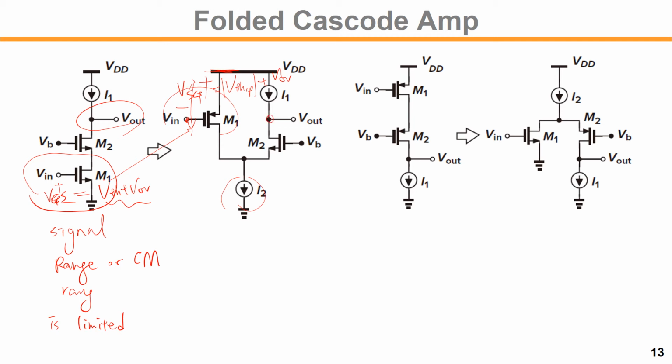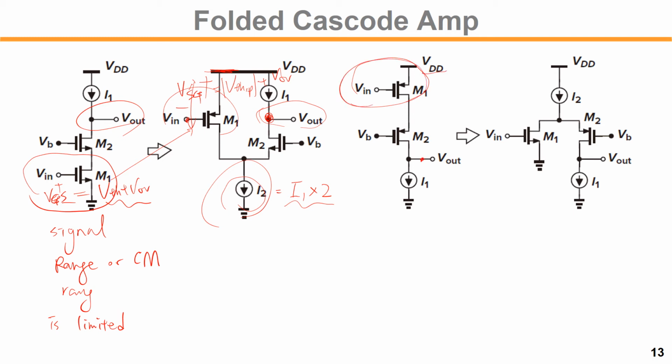And what happened to the output signal range? Without changing the output signal range, we only change the input signal range by folding this. So obviously the I2 must be, I'm sorry, I1 times 2. So we have to flow 2x larger current compared to the previous case. For the PMOS input cases, for example here, in this case, your input signal range is near the VDD.